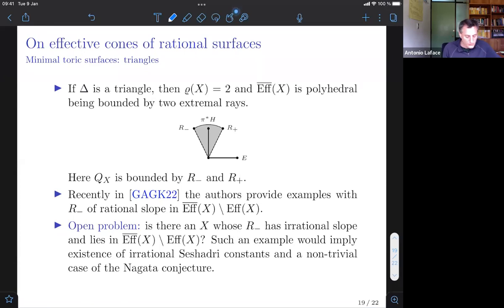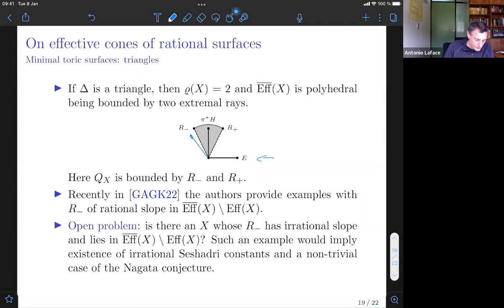The pseudo-effective cone is bounded by 2 extremal rays. One is the exceptional, and the other one could be either the boundary of the light cone, which I'm denoting with R minus, or a negative curve, possibly outside. The light cone is bounded by these two rays, R minus and R plus, and I draw it as a gray region here.